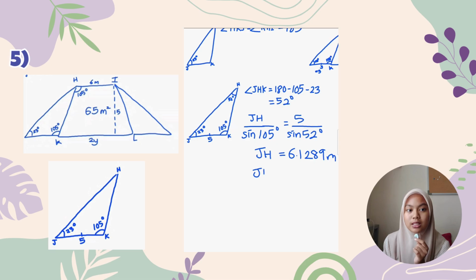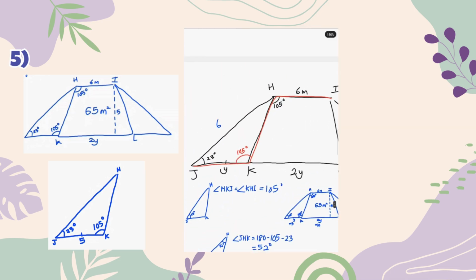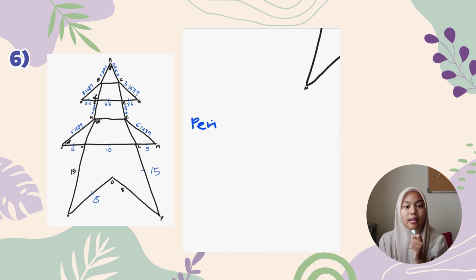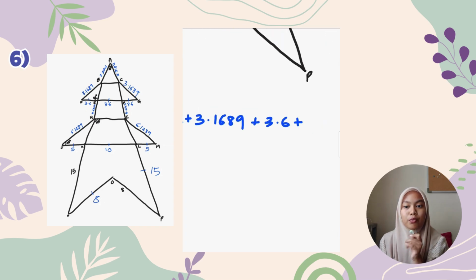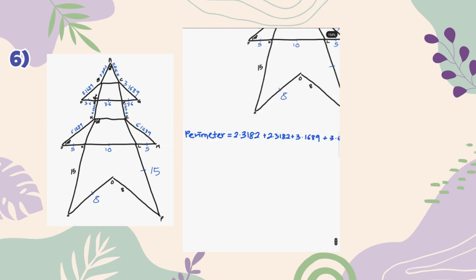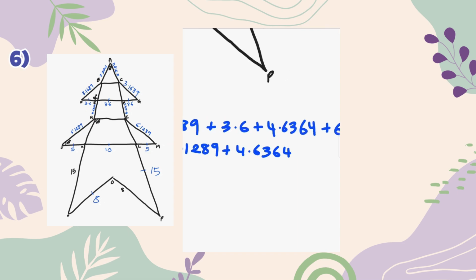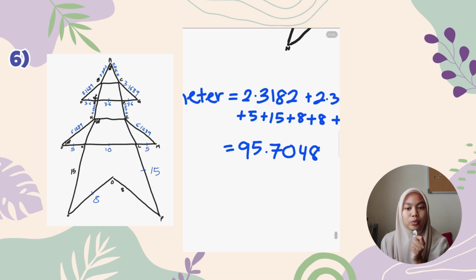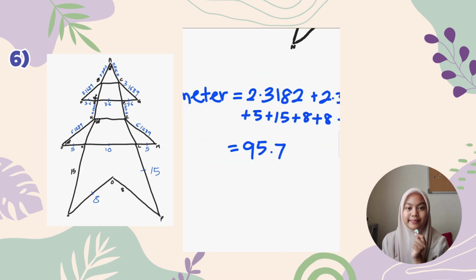So JH is equal to IM. Next, we have to total up every side to find the perimeter. So the total perimeter is equal to 95.7048 meters.